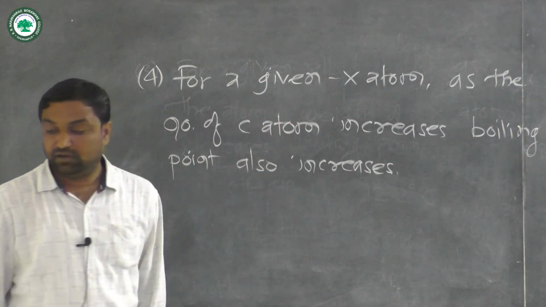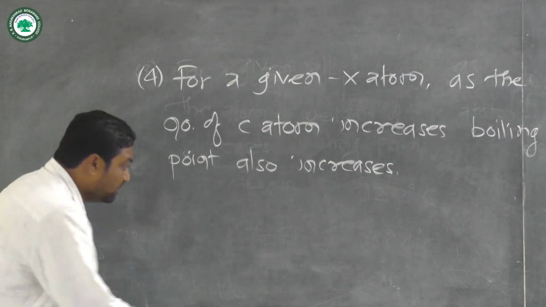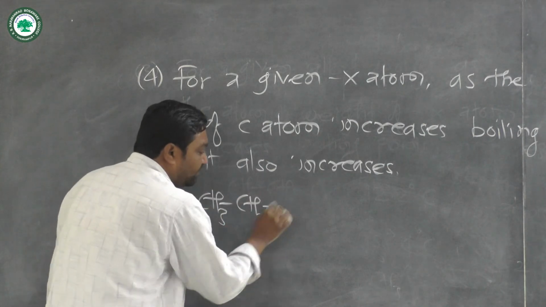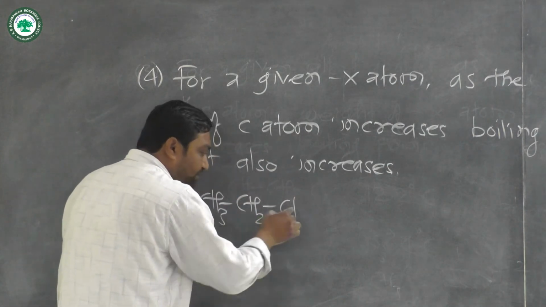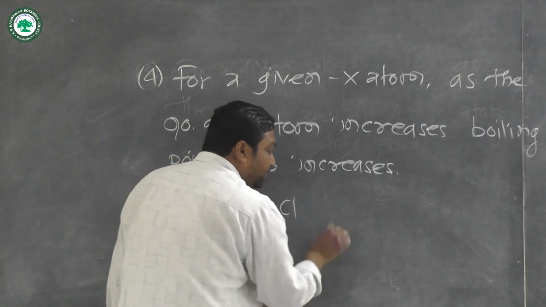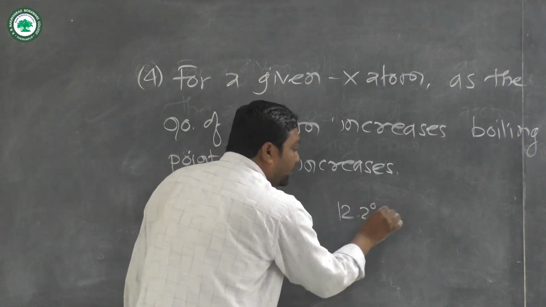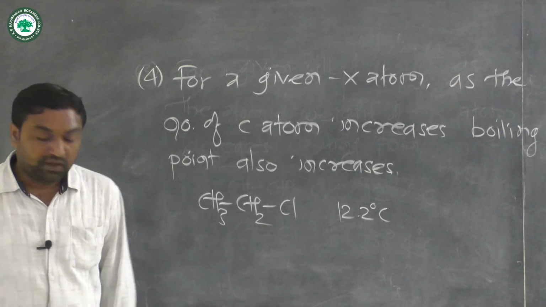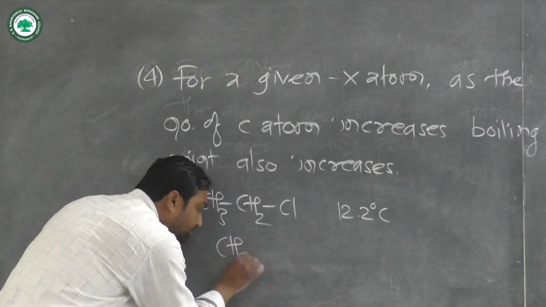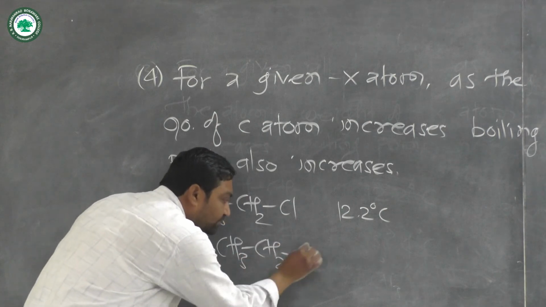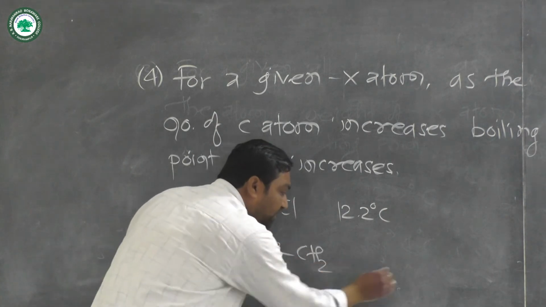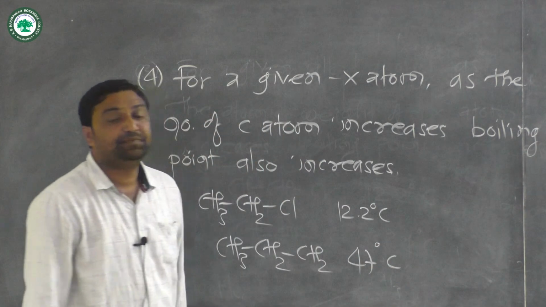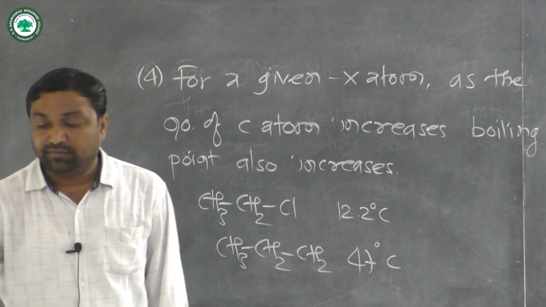For example, the boiling point of ethyl chloride is 12.2 degrees Celsius, whereas the boiling point of n-propyl chloride is 47 degrees Celsius.